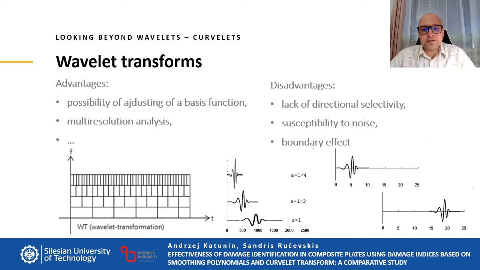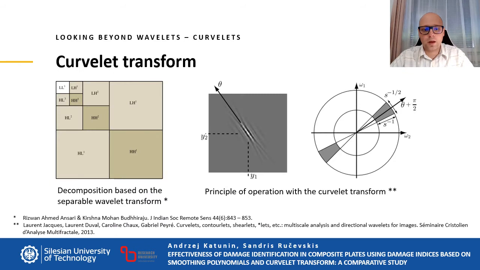But we have several disadvantages of wavelets. I mean here lack of directional selectivity, susceptibility to noise, and boundary effect. To overcome these problems, we proposed using curvelet transform for processing.